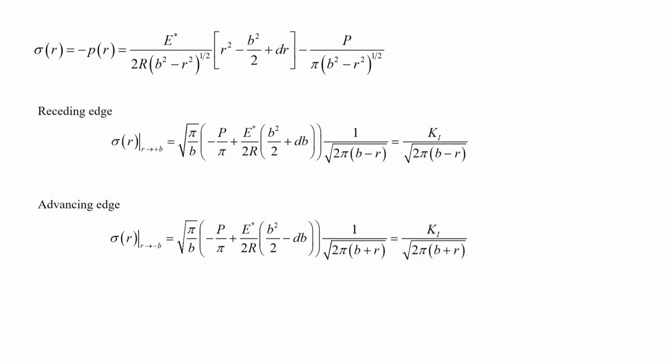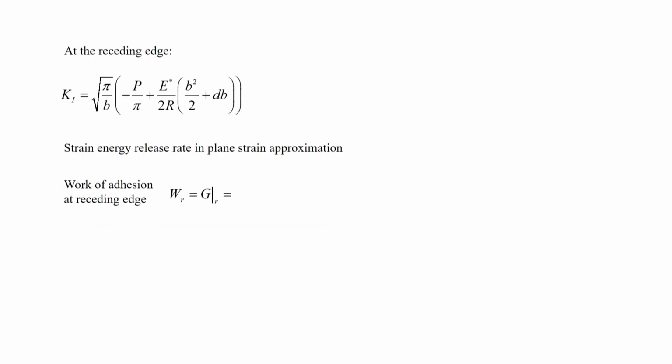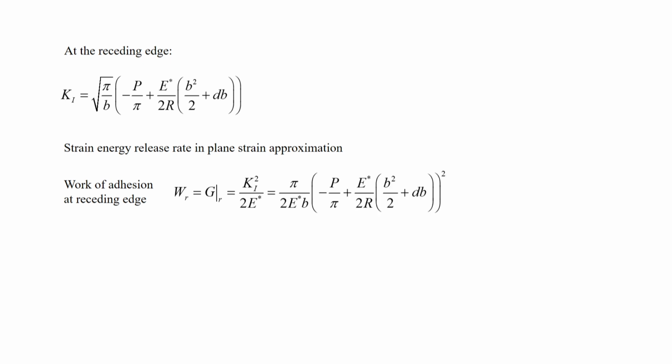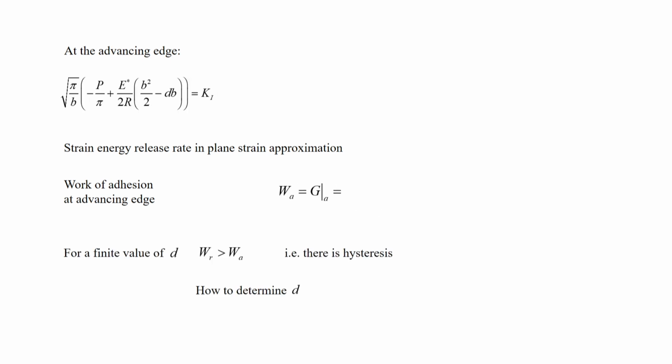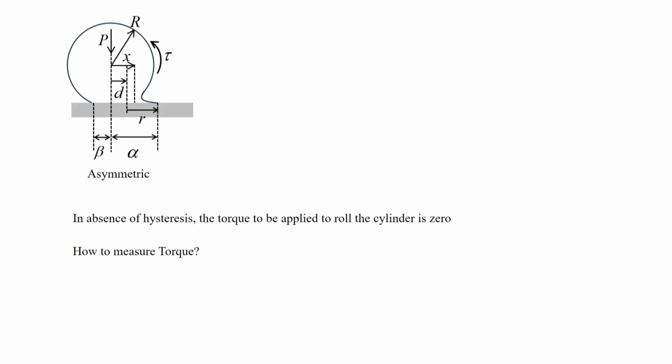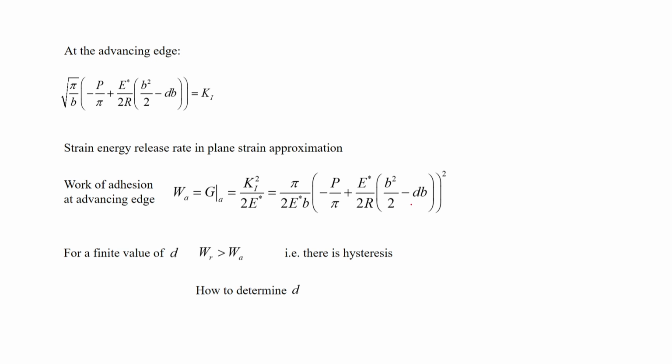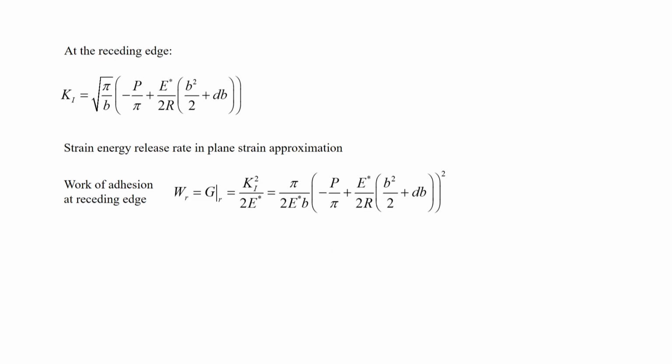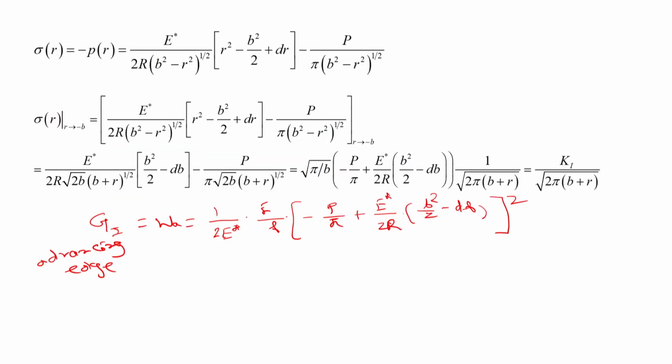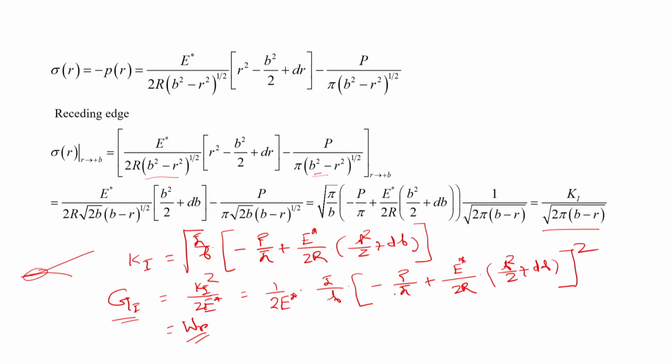So, if you see these two equations that we derived, the equations will show that here it is minus dB at the advancing edge and at the receding edge it is plus dB. So, that will show that this W r is actually greater than W A. So, it is minus dB here and plus dB at the receding edge.